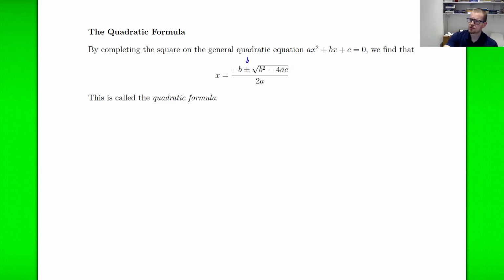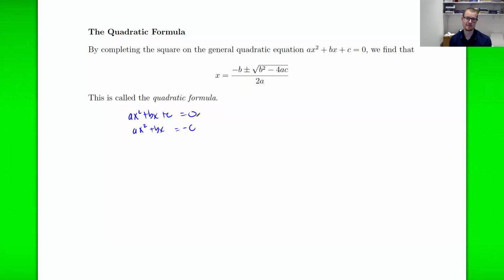All right, what I'd like to do is share with you how we get this. I've already said we find it by completing the square, so let's go ahead and do that. I start off with ax squared plus bx plus c is equal to 0. I'm going to subtract c from both sides to get ax squared plus bx is equal to negative c.